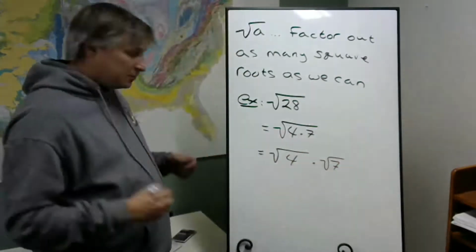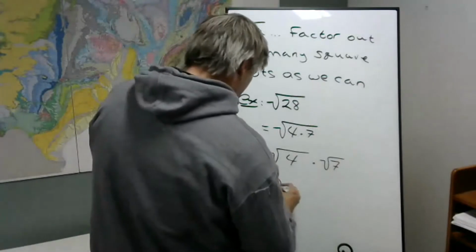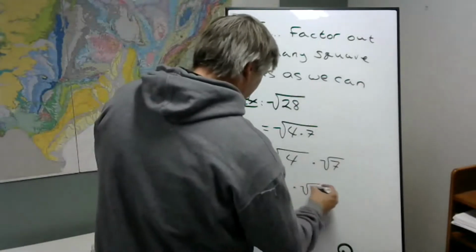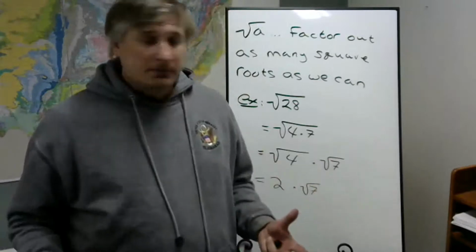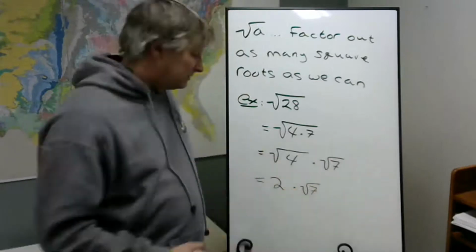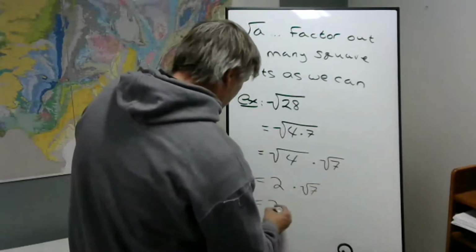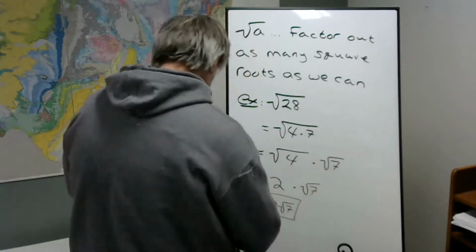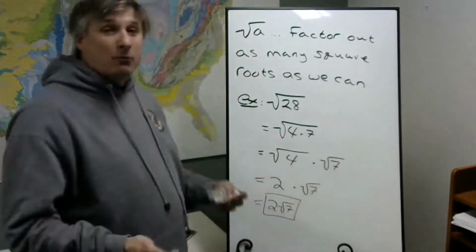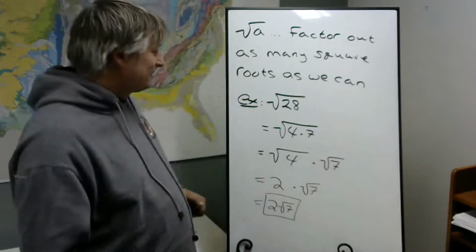Square root of 4 is 2. So you have 2 times square root 7. Square root 7 is another irrational number. So we're just going to leave it. And so we get 2 square root 7. And that would be your answer.